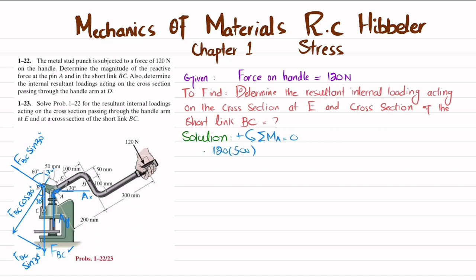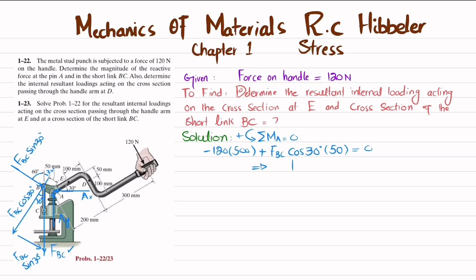The second moment is due to this load FBC cos of 30 and the perpendicular distance is this 50, and this is producing a counterclockwise moment, so it will be positive. So I will write plus FBC into cos of 30 degrees into 50 millimeters is equal to 0.